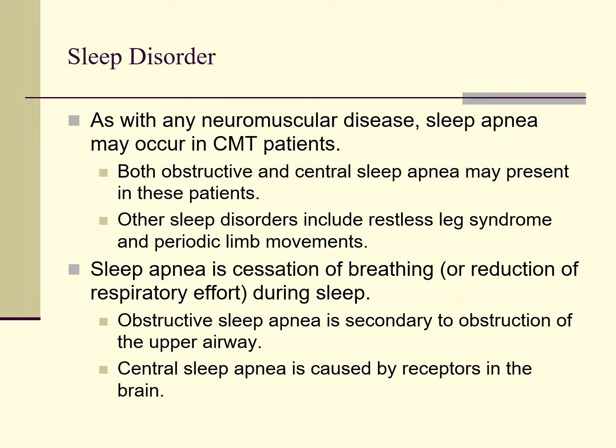The second type, central sleep apnea, is caused by problems with receptors in the brain. Obstructive sleep apnea is the more common type that everyone is aware of. This usually occurs in more obese patients. It occurs in patients with very large tongues. Central sleep apnea can pretty much occur in anyone, specifically patients with neurologic problems.